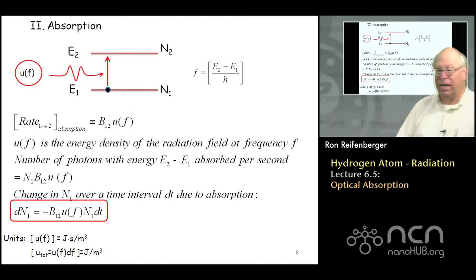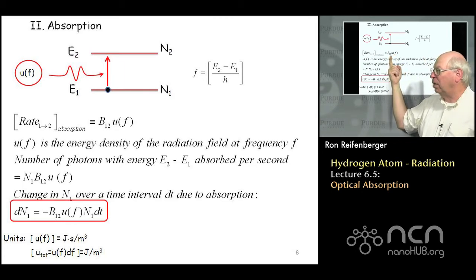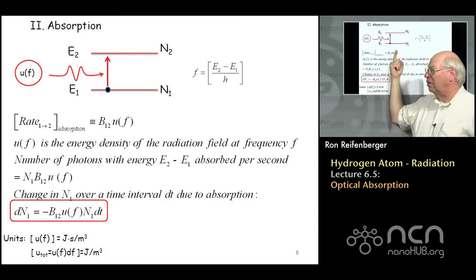The second process ties into the discussion of the absorption at the beginning of this lecture, right? What Einstein did is he defined a coefficient called B sub 1,2. And this coefficient B12 times the incident radiation field U sub F, so this is the energy density contained in this incident radiation field, right?